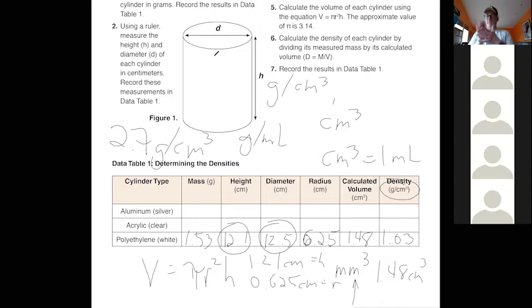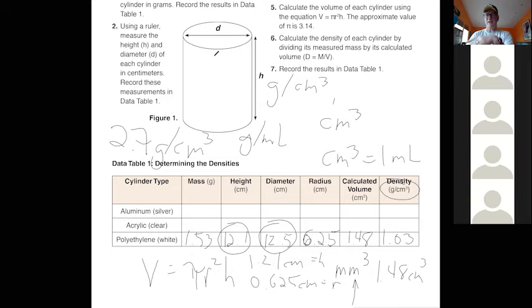So go through, calculate all these, and basically what you're going to try and do is determine, based on the densities you calculate, whether these are going to float in the different sucrose solutions or sink to the bottom. You pretty much guarantee all your aluminum is going to sink in whatever solution you put it in. But the acrylic and the polyethylene densities are fairly low.